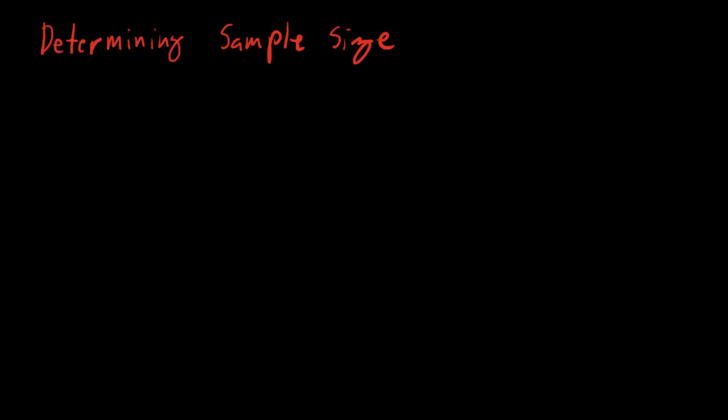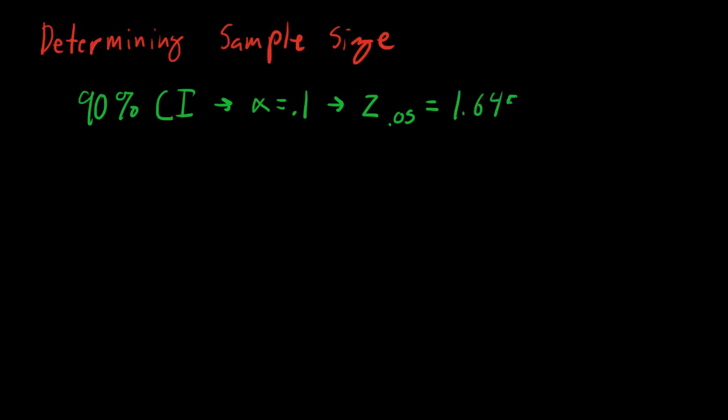So let's use this to try to find the sample size needed for a specific experiment. For our experiment, we're trying to find a 90% confidence interval, which makes our alpha equal to 0.1, which means we get a z sub alpha over 2, at 0.05, which is equal to 1.645 standard deviations.